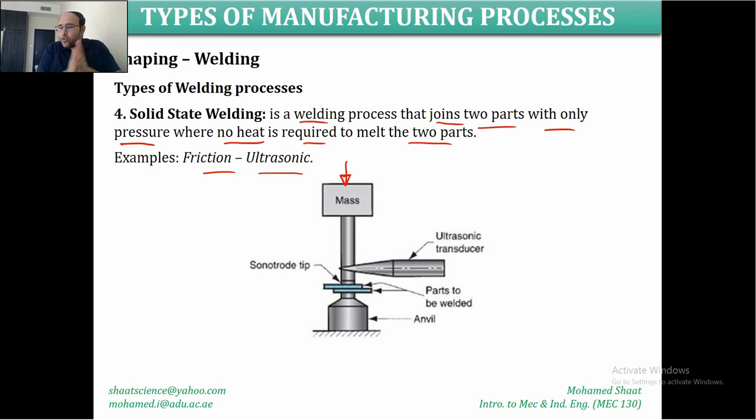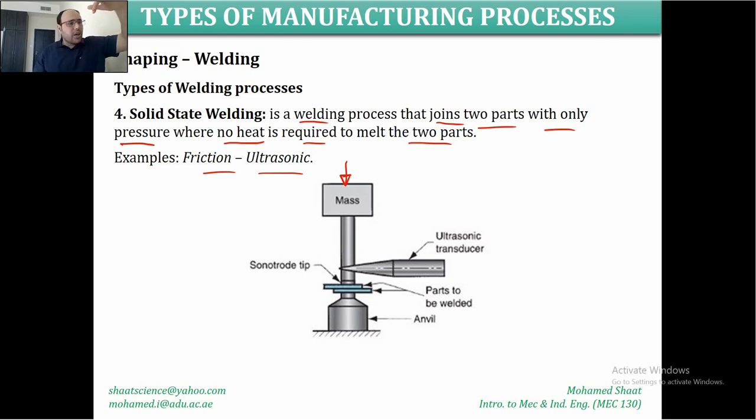This friction will make your hands heat up. This is very similar to what we are doing for these two pieces, moving one with respect to the other very fast using this ultrasonic transducer, which is going to produce very high friction.